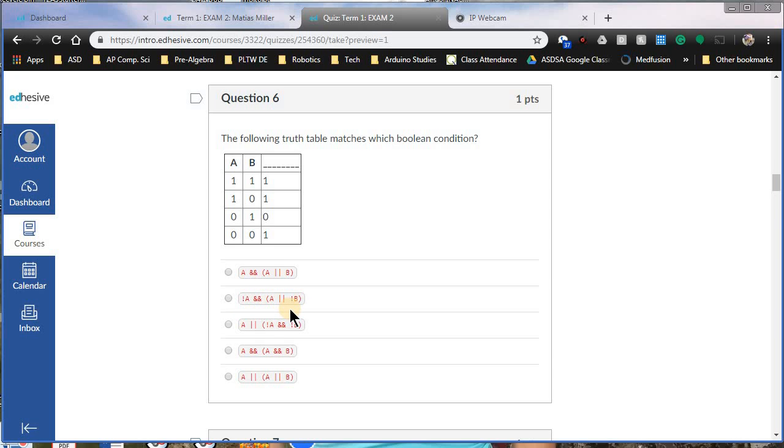Let me write this one down here. It's going to be A not, I'm writing it down and you can't see it right now, and A or B not. Okay.